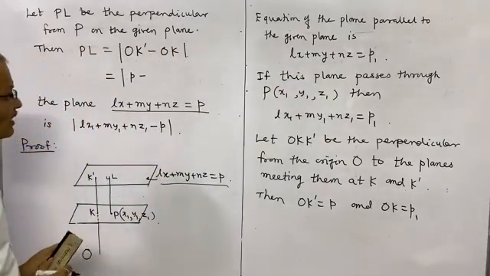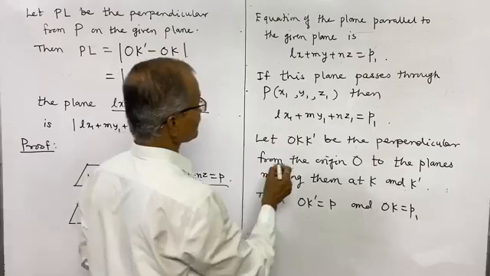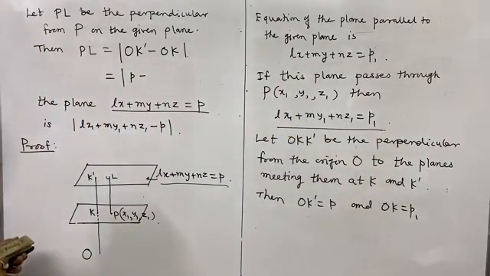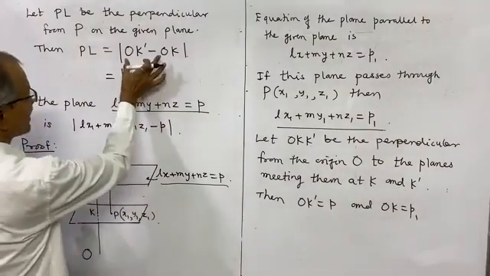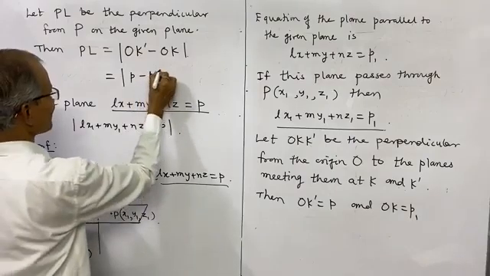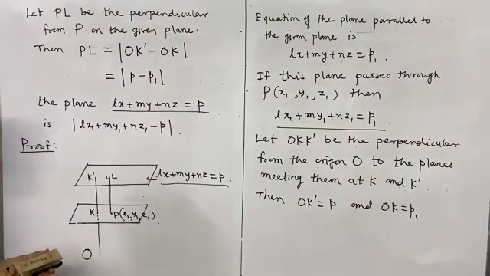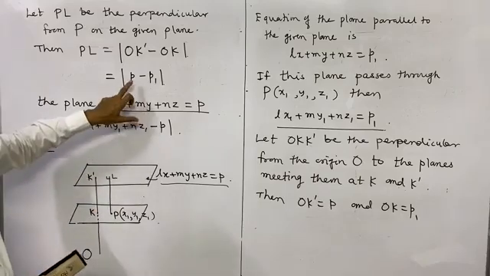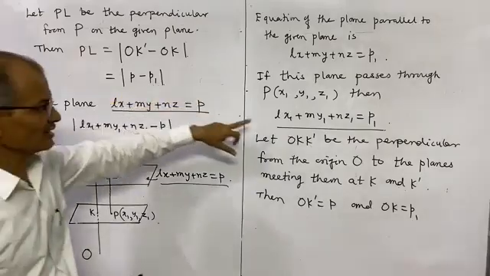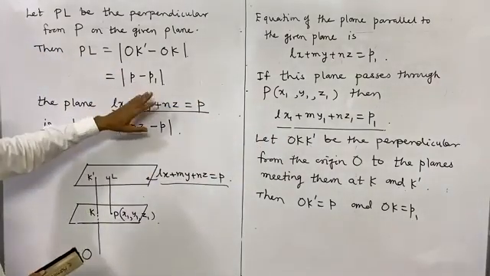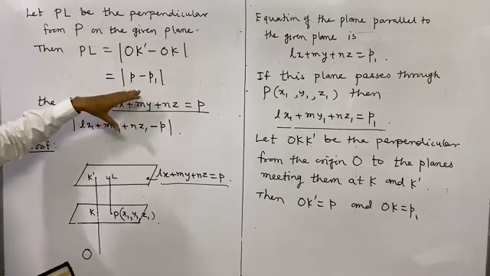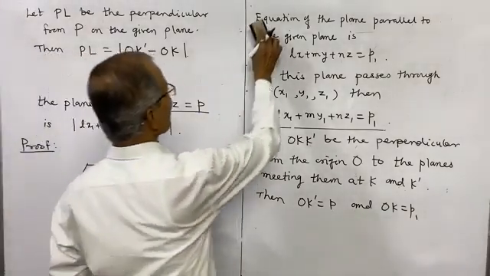So we will use this expression for P1, and that is P minus P1 actually. This may be written as mod of absolute value of P minus P1 is same as absolute value of P1 minus P.